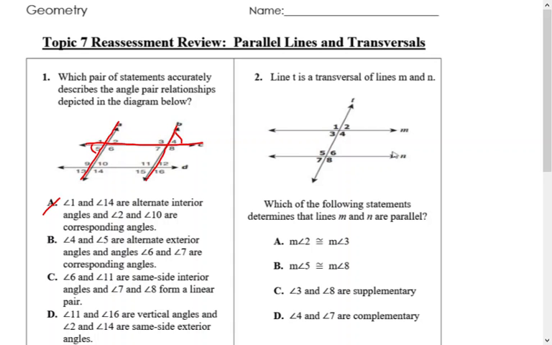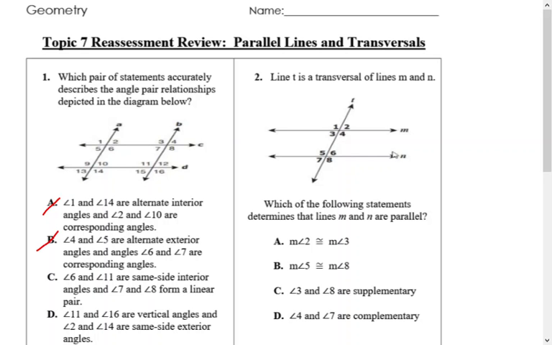And then it's also asking that 6 and 7 are corresponding. Those are not corresponding. Corresponding angles have to be in the same position. So if we had an angle here, to make it corresponding, it would go down the transversal and end up there where 8 is. So we see that number 2 is also not correct.